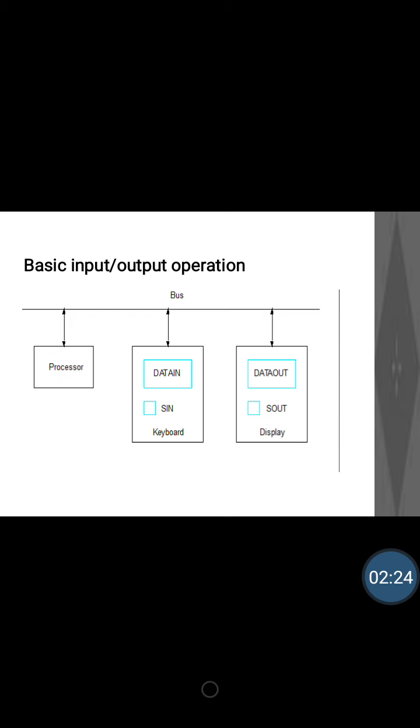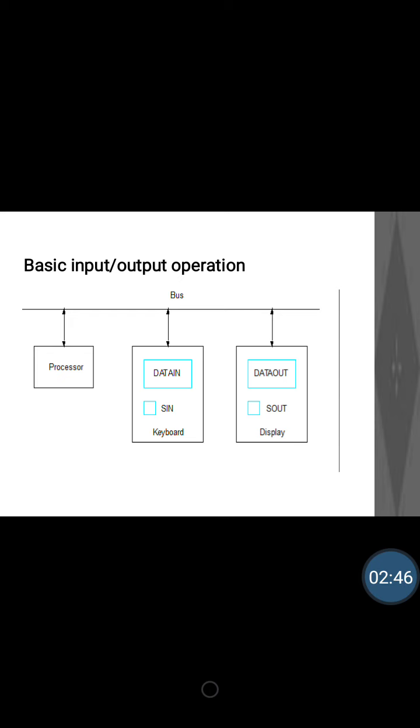Now about the display. From the computer, the printing of characters on the display can be done at about 1000 characters per second. So the speed of displaying on the display device is a little faster than that of the keyboard.